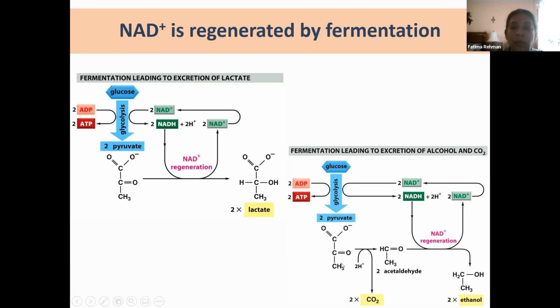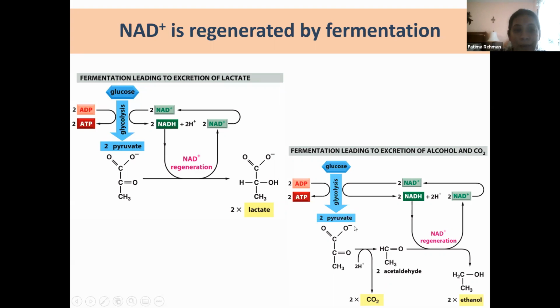But in addition, you can break these pyruvates down, again using the NAD plus regeneration system to produce some NADH molecules for energy. And as a result, break this down into acetaldehyde, and then further into ethanol, releasing carbon dioxide and ethanol molecules.